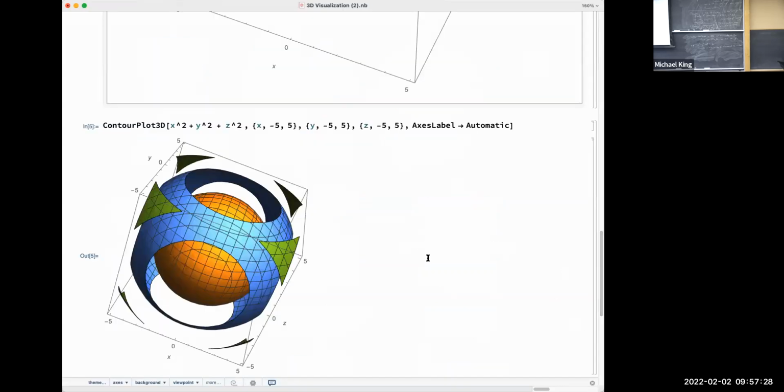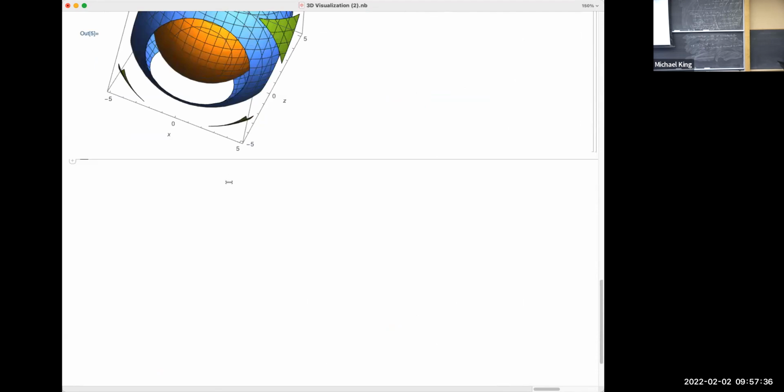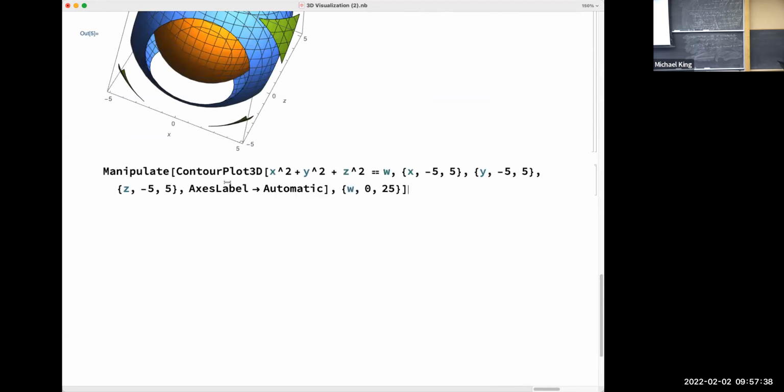Some of this is just starting to play with stuff, and then we'll see. So what if I change this? I just want to put a minus sign right here, and I'm going to make this negative 10 to 10.